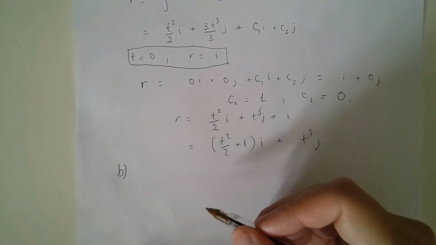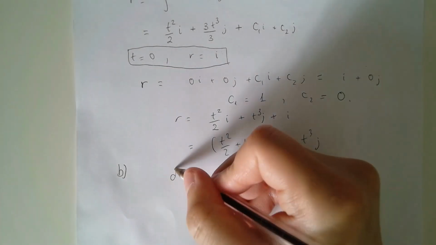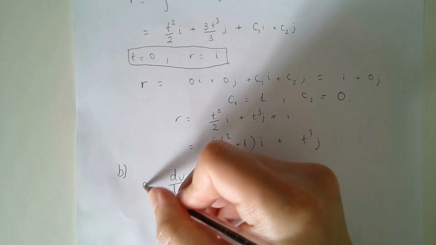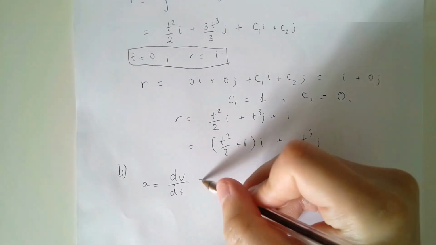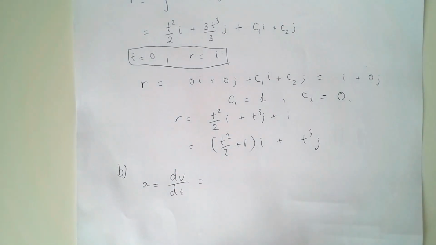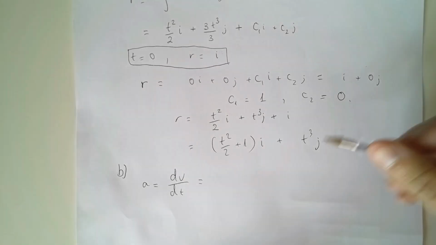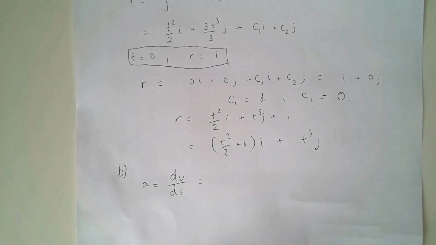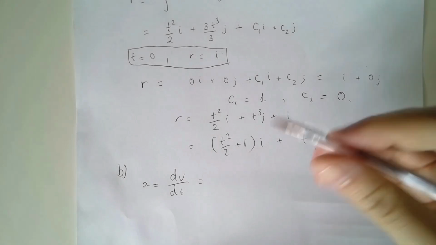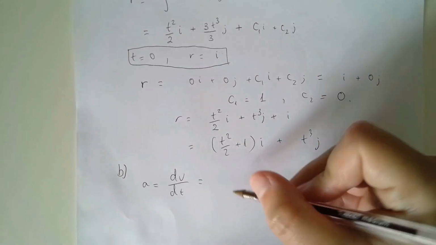I'm going to differentiate v. So dv over dt equals a. Now we'll carry on and work out when t equals 4. So I'm going to start here, differentiate first. Normally you differentiate easily, so you differentiate that with respect to i and j.